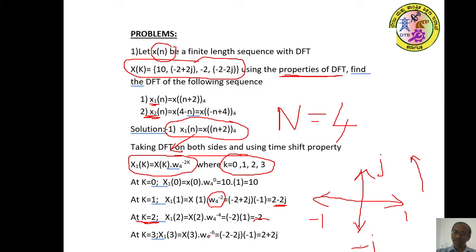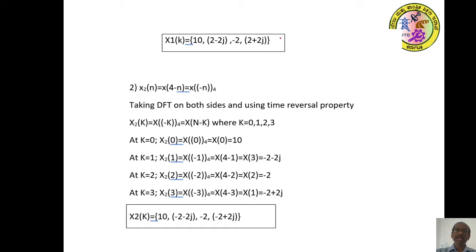Use the periodicity property. Minus 6 can be written as minus 4 minus 2, and what is left is omega 4 power minus 2, which is again minus 1, and the answer is 2 plus 2j. Put all the answers in the form of a matrix. Therefore, x1 of k is equal to 10, 2 minus 2j, minus 2, and 2 plus 2j.